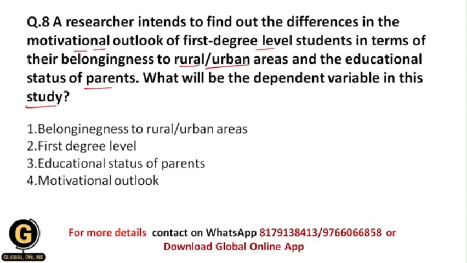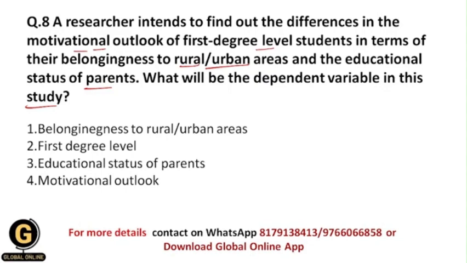So here basically a researcher wants to study the motivational outlook of first degree level students, and that's why motivational outlook should be the dependent variable, because the variable under study, the effect variable, is motivational outlook, and the independent variables are belongingness to rural or urban areas and educational status of their parents.